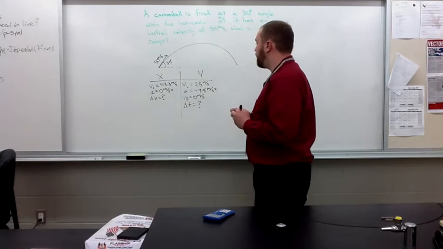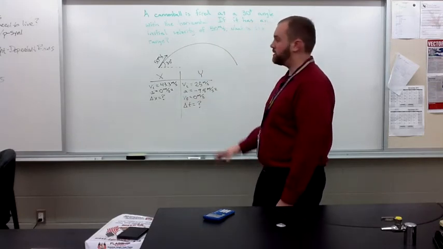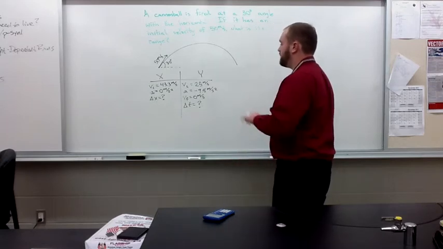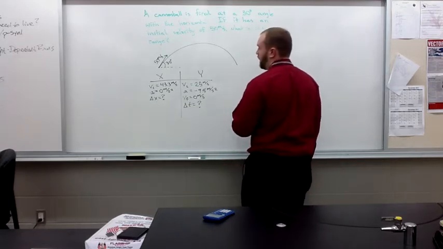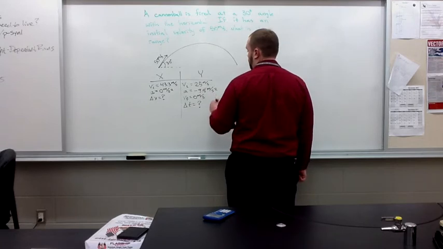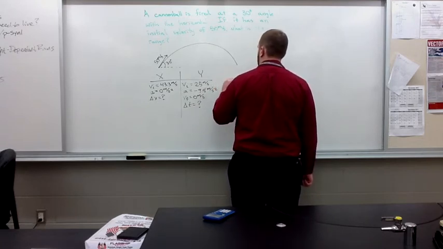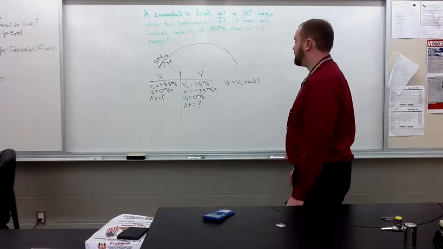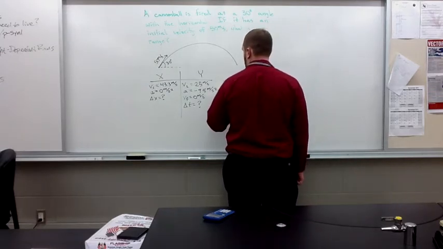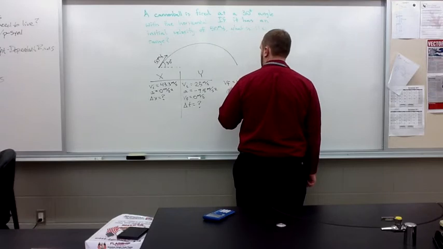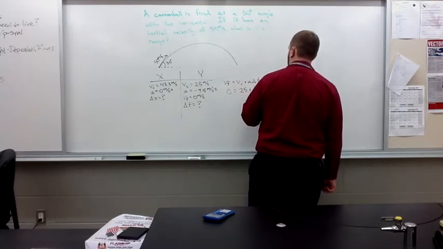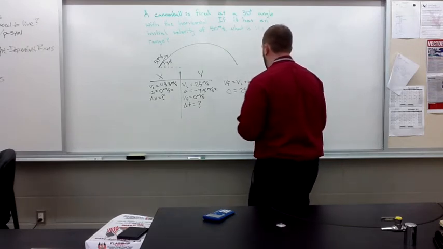Since I'm doing this on the video, I'm going to do all the math with you on the board because a lot of you guys are having trouble with the math. So hopefully seeing how we move stuff around in equations will help you out. All right, the equation I'm going to use to solve this y side: final velocity is initial velocity plus acceleration times time. So 0 equals 25 plus negative 9.8 times time.